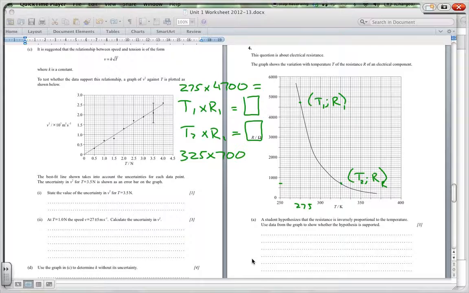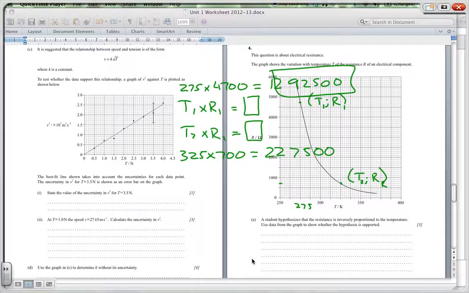So we get 275 times 4,700, and you get 1,292,500. And I multiply this one, 325 times 700, and I get 227,500. So we can see here that there's a big difference.